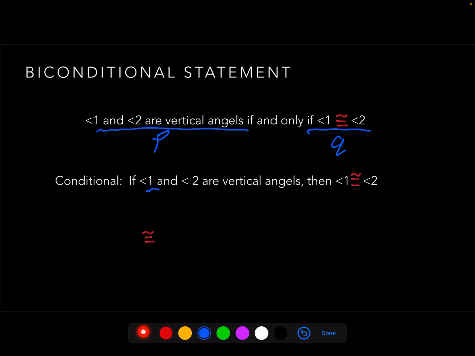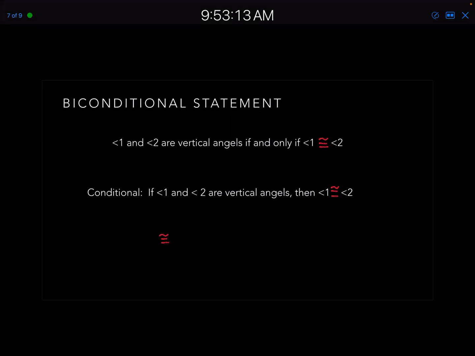So remember, the converse just flips the P and the Q. So the converse to this is: if angle 1 and angle 2 are congruent, then angle 1 and angle 2 are vertical angles. So we've got this biconditional statement that's out there. We can change it into a conditional statement and its converse.